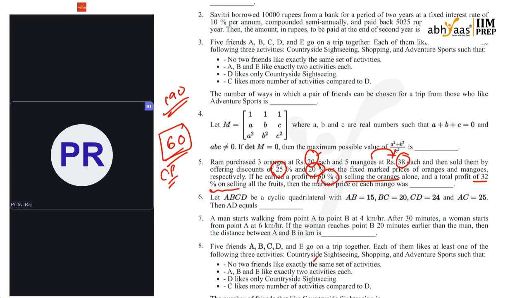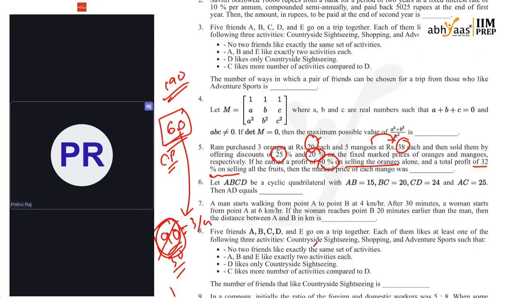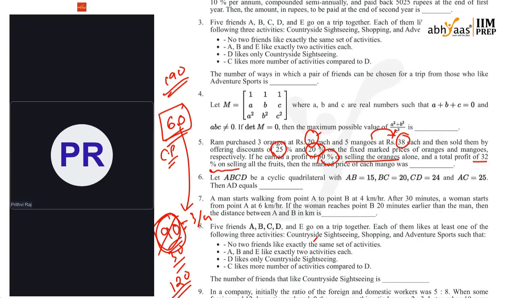If he earned a profit of 50% on selling the oranges alone, that means the selling price is 90, half of that profit. That is after giving the 25% discount, that is 3 by 4. I'm directly calculating this. So this is 3 parts, each part is 30, which means the market price is 120.